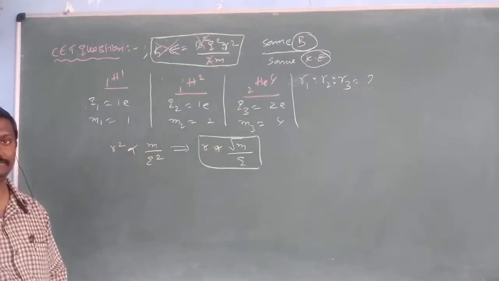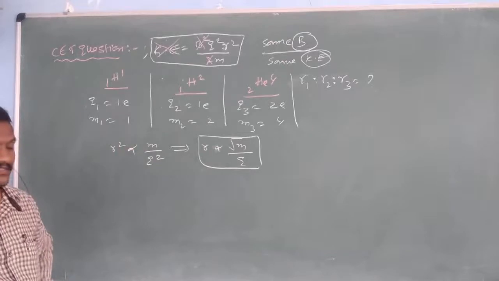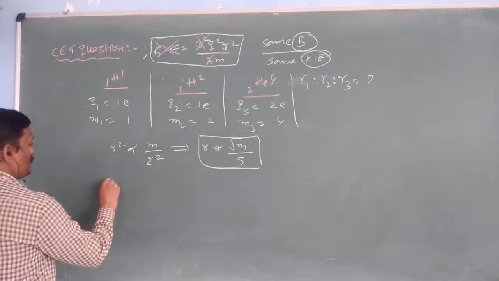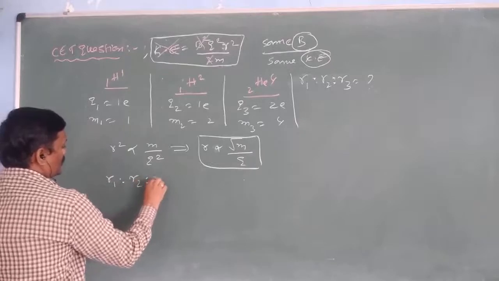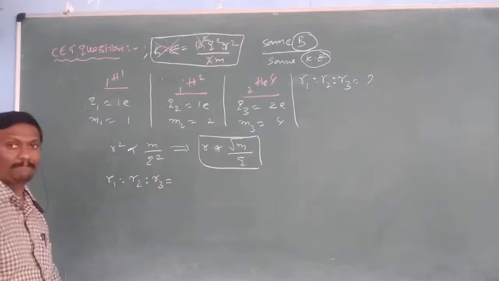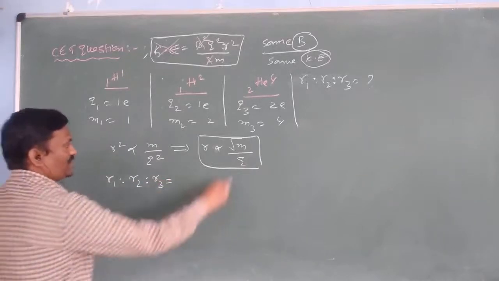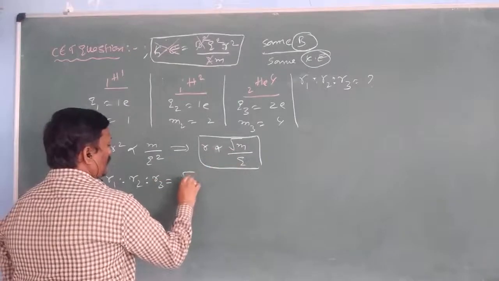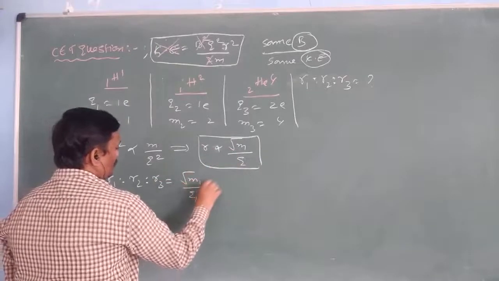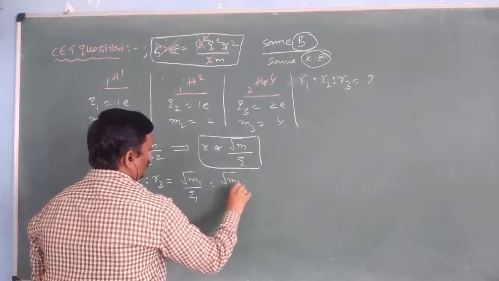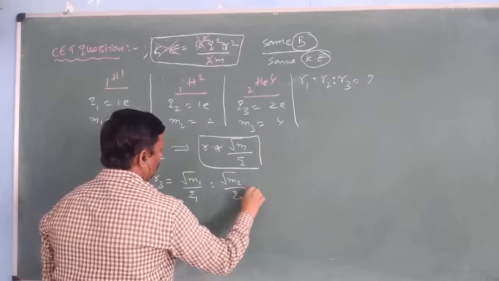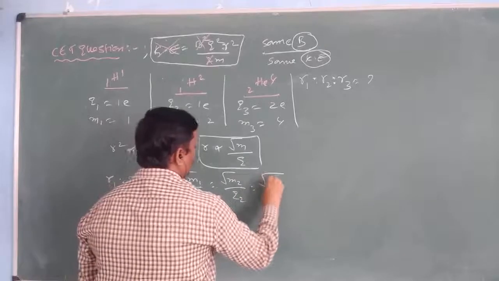Based on this, find the radius ratio R1 is to R2 is to R3. R1 means root m1 by q1. R2 means root m2 by q2. R3 means root m3 by q3.